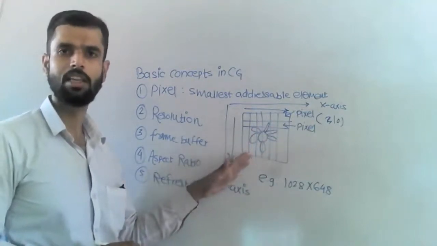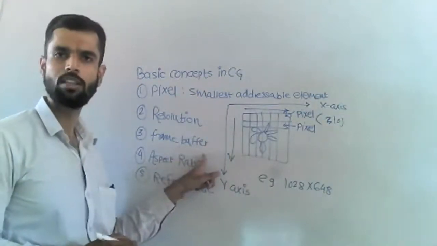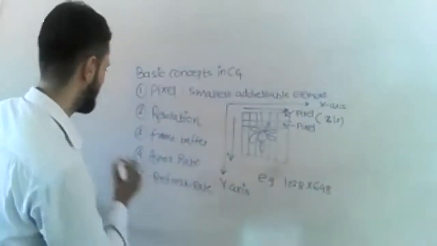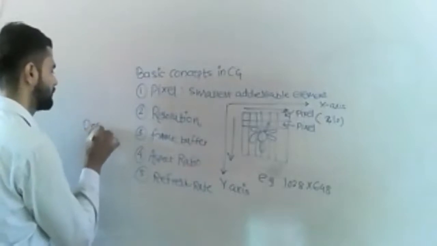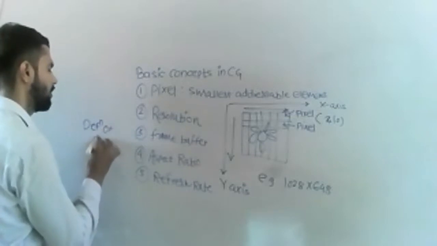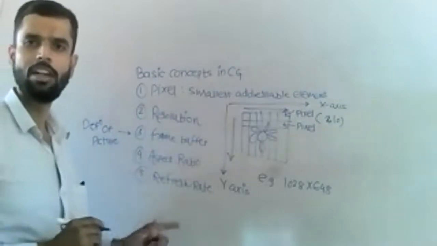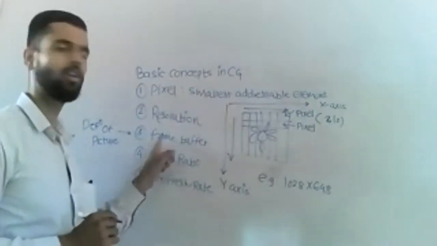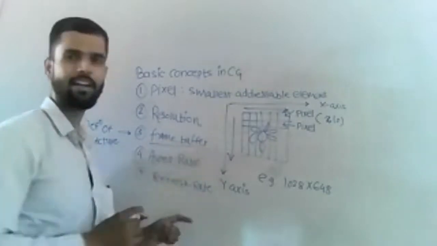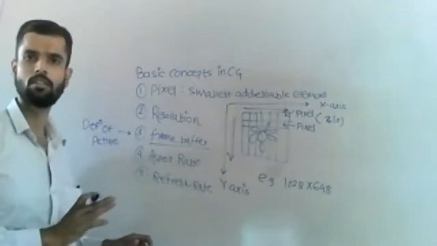The memory area for storing the definition of a particular picture is the frame buffer. So the frame buffer is a kind of memory to store the definition of the picture.